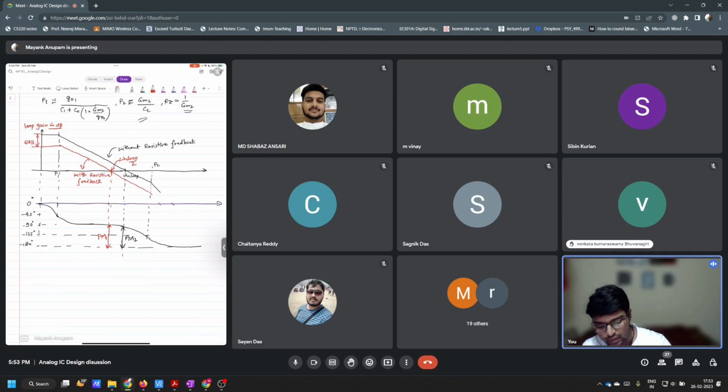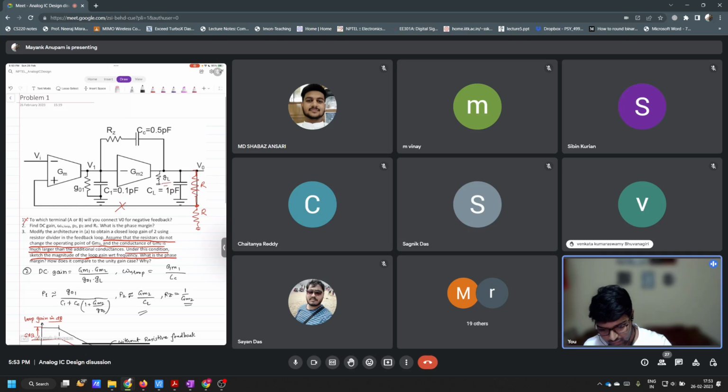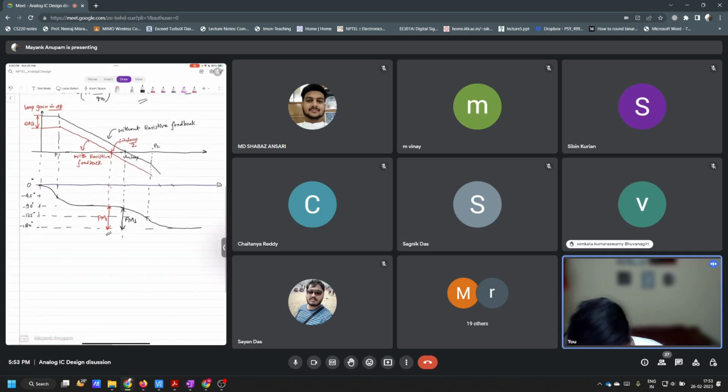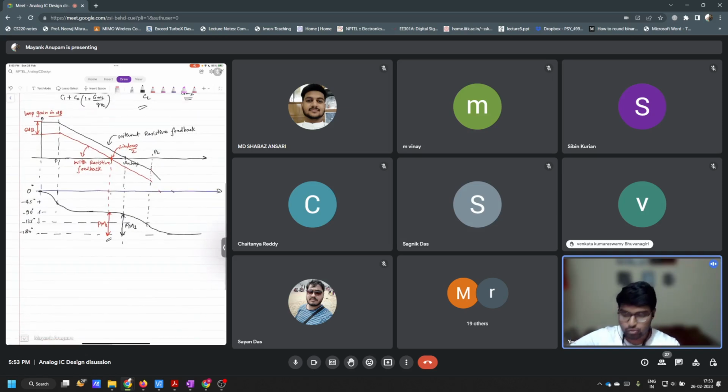You also see that when it was unity gain feedback, the phase margin was comparatively lower. But when the gain was higher, the phase margin improved. When the closed loop gain increases, the phase margin in this case also increases.